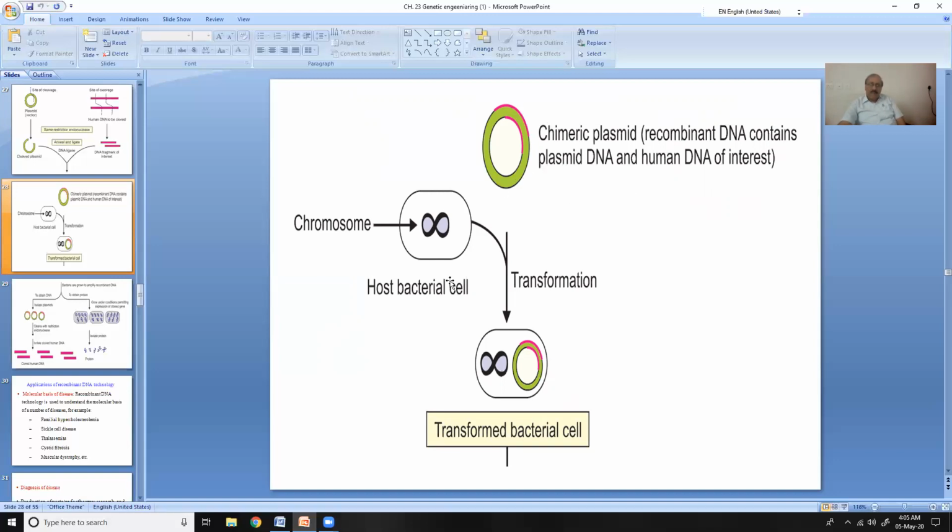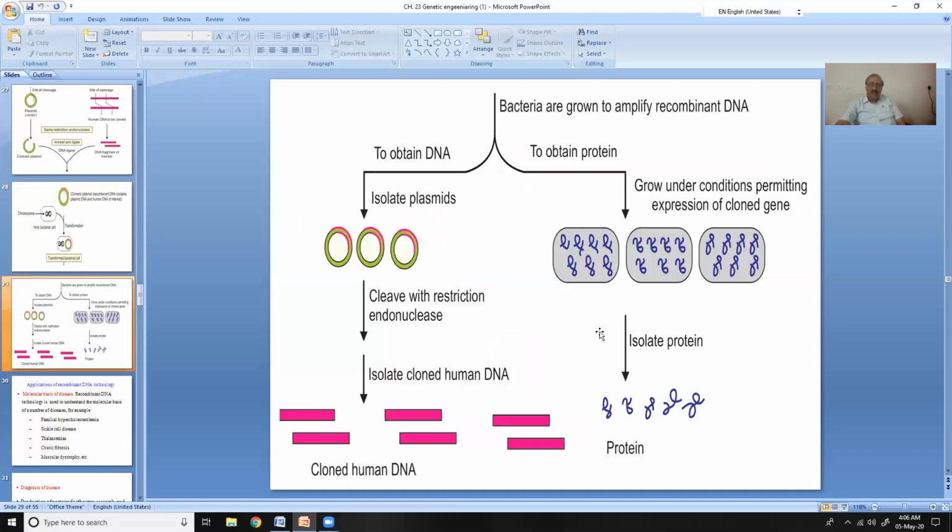It is a chromosome. When the host bacterial cell is mixed in, we get a transformed bacterial cell. Here you have the bacterial cell and your chimeric plasmid. Bacteria are grown to amplify the recombinant DNA.